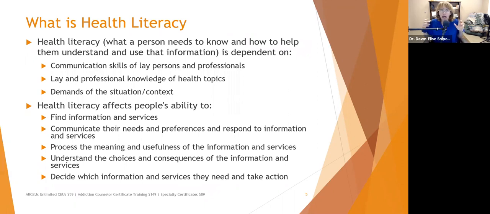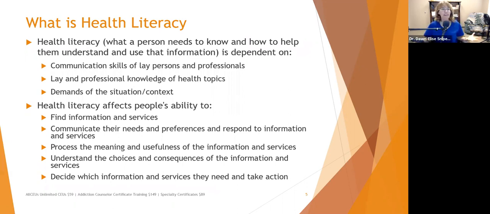Most people don't want all that information. They want you to hit the highlights. And if they want to dig into it deeper, give them some references. But they need to be able to understand, if I make this choice, what are the possible and probable consequences?